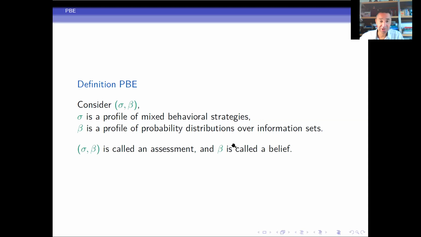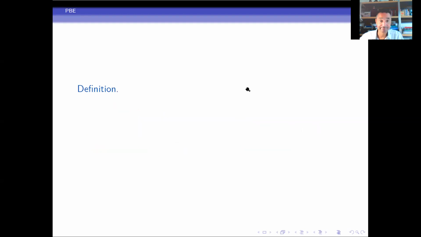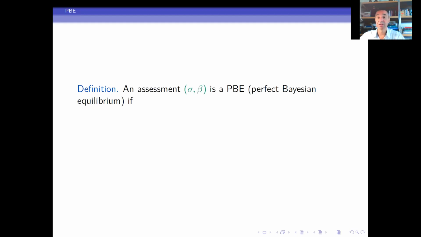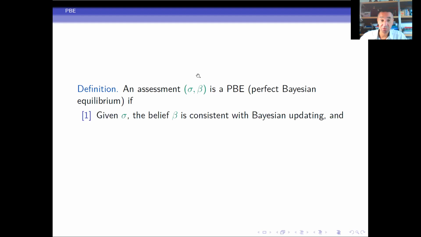A bit of terminology: the beta is called the belief, and the combination of a behavioral strategy with a belief is called an assessment. And of such an object, an assessment, we can decide whether it is a perfect Bayesian equilibrium or not. In order for it to be a PBE, we need essentially two conditions.